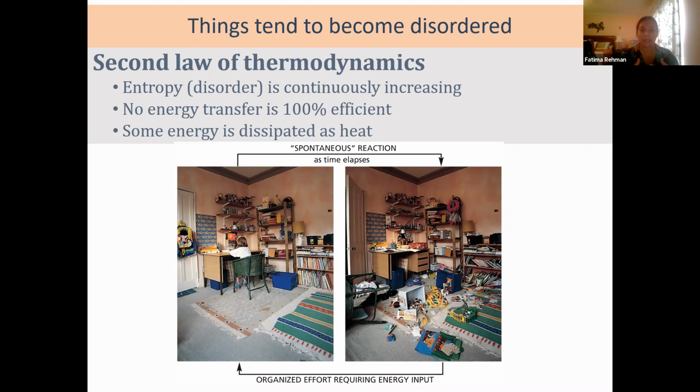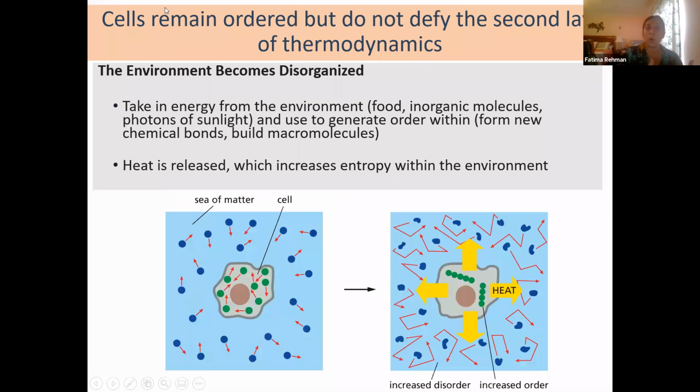So you will need actual input of energy before you can create order in the system. That order that we need to maintain as living organisms is maintained through those metabolic pathways, through the heat or the energy that is produced by the catabolic pathways inside our systems.